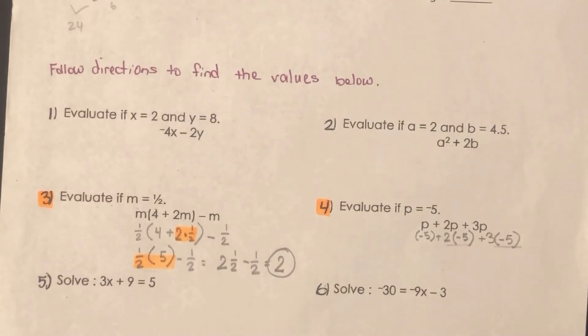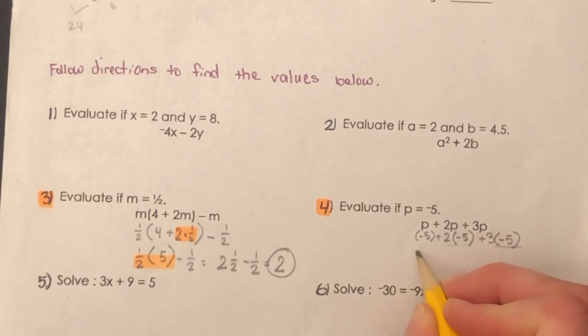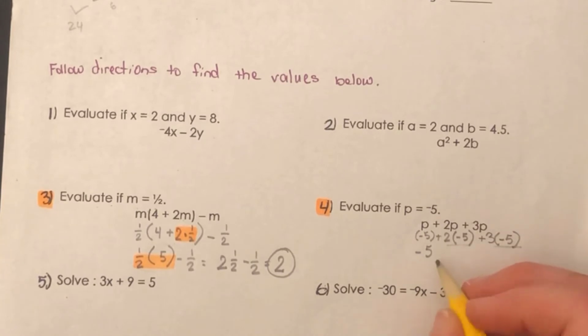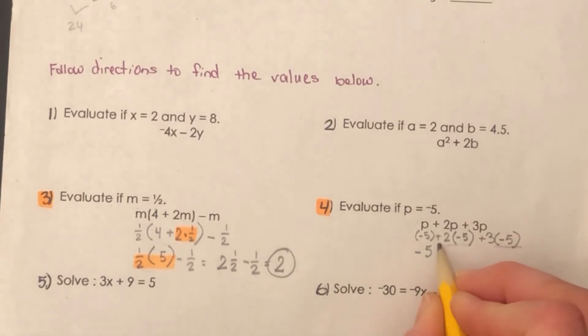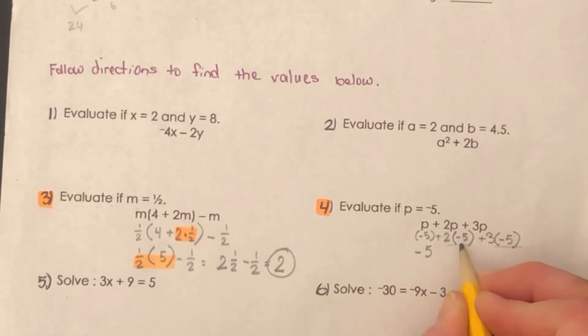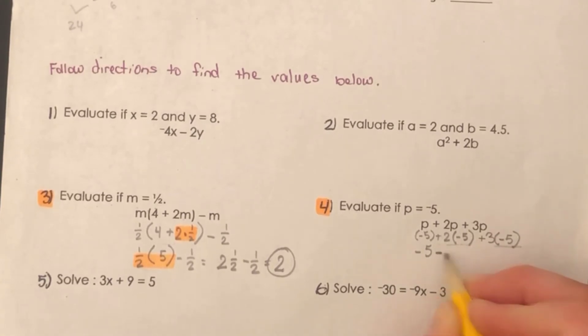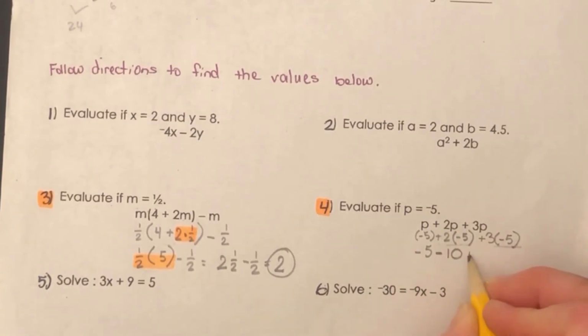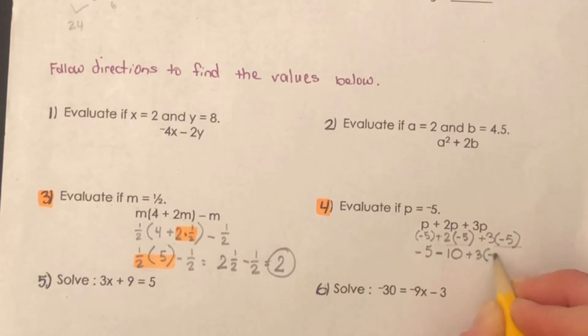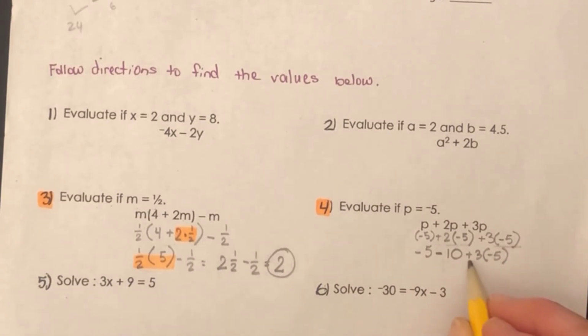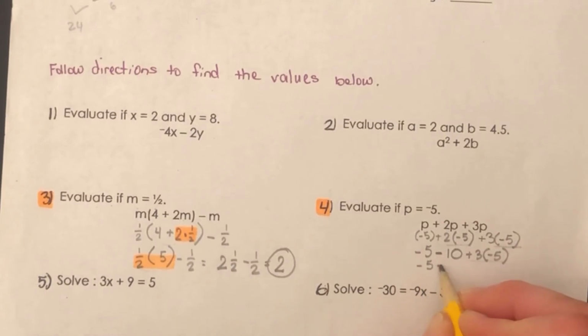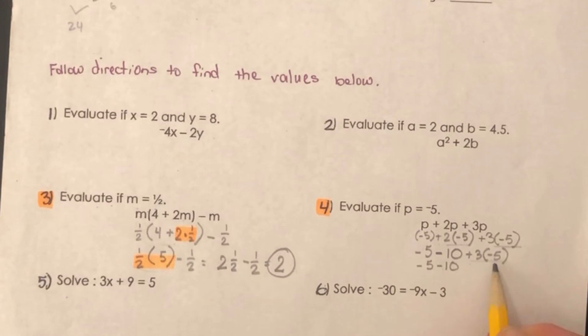So I'll go ahead, so -5, so positive 2 times -5 is -10, plus 3 times -5. So I'll do that one now. -5 minus 10, positive 3 times -5 is -15.